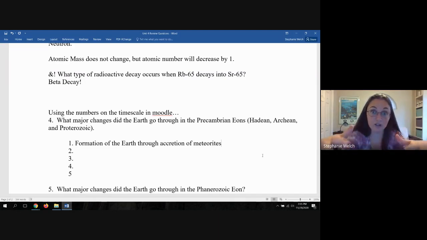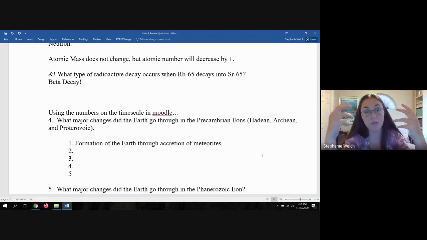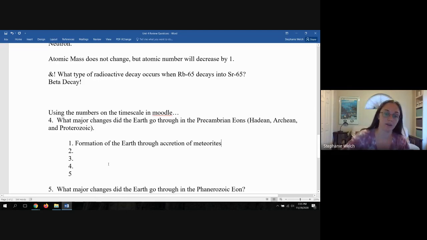You need a crust to form on the surface of the Earth that wasn't originally there. Because every single accretionary event, every single collision between particles melted some part of that surface, and then you have to cool that back down again. So that's why that first 500 million years is incredibly hot.